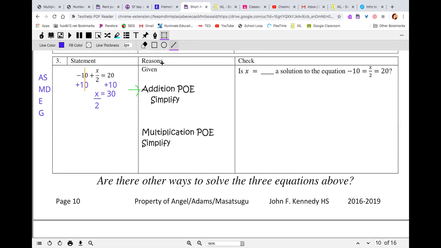Okay, now what do I want to do? Times 2 on both sides. Okay, I'm going to multiply 2.